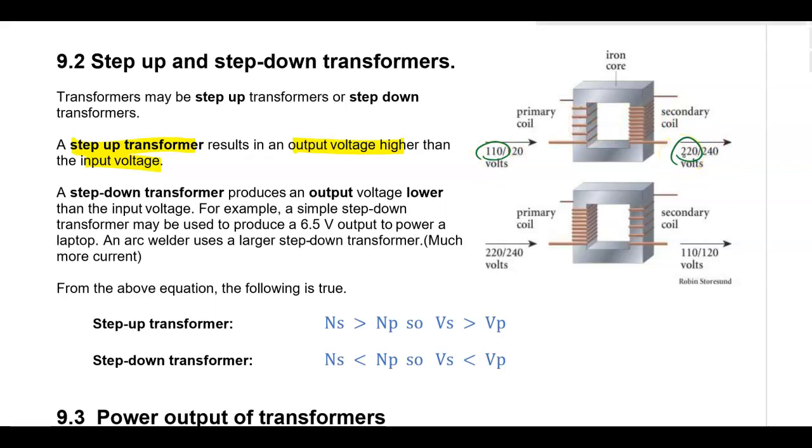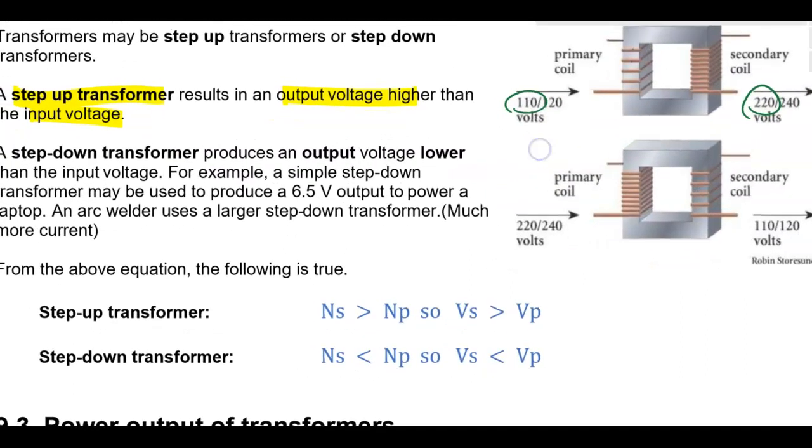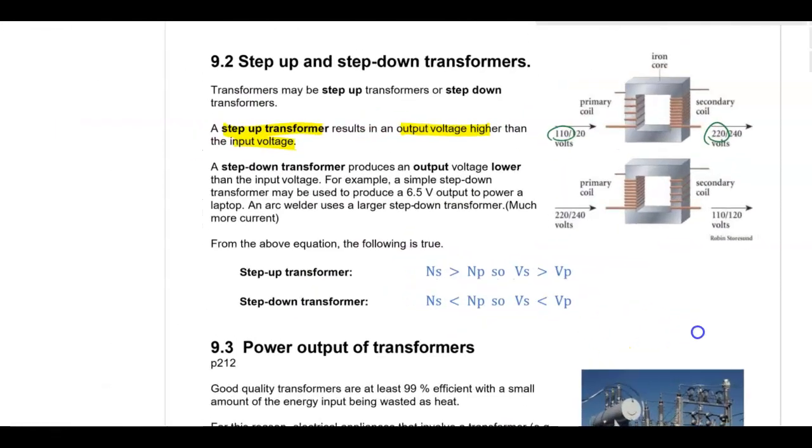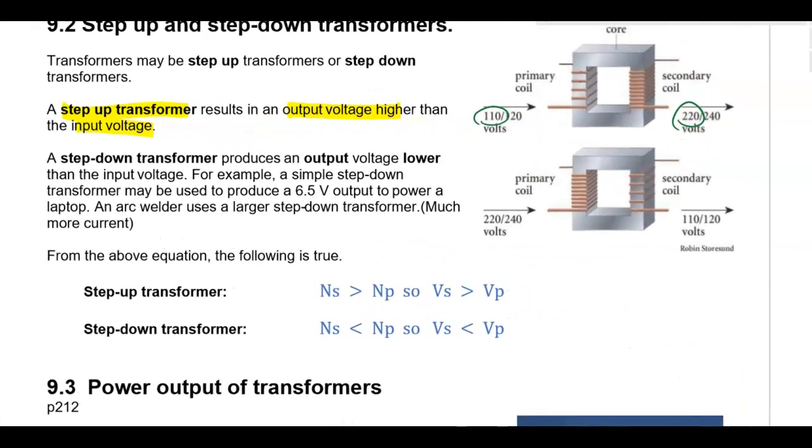A step down transformer just works in the opposite way. A step down transformer, like it says, produces an output voltage lower than your input. So for a step down transformer, you might have 220 input, you'll get 110 output.